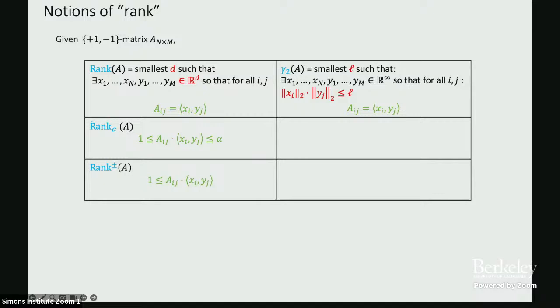In fact, it's a result of Amai and Koparty, who showed that even to decide if this is 3 or not, it's NP hard. And in fact, it's even harder than NP hard. It's existential theory of the reals hard. But here, the good thing about these types of norms is that they're easily computable.